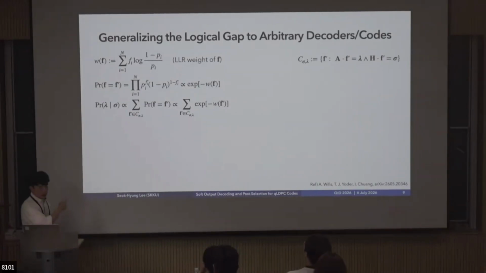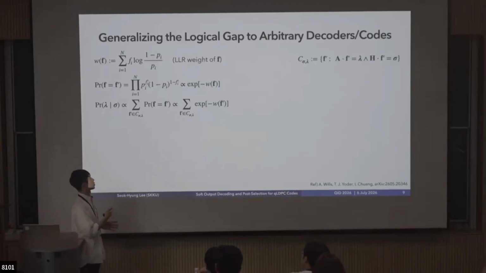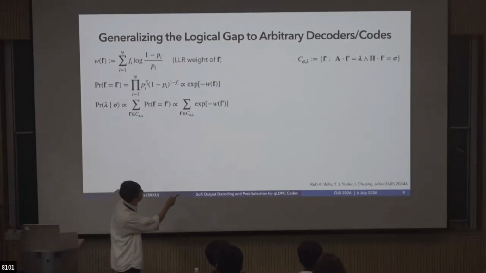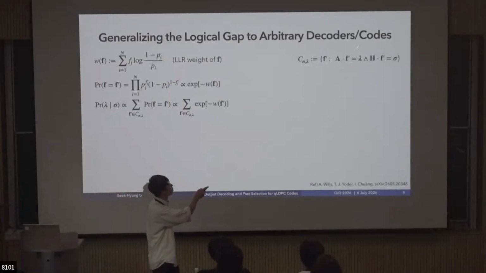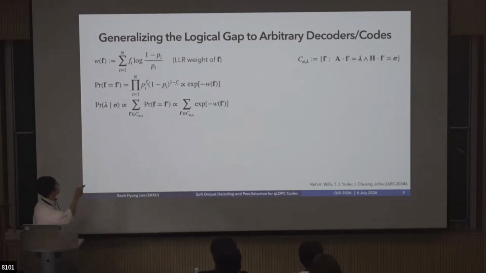And the coset priority, the logical class priority, can be calculated by summing over all the error configurations inside the logical class. So we just sum over all the elements in this set, where, to remind you, this set is the set of fault vectors satisfying the syndrome constraint and the logical constraint. Since this is proportional to that, we get this formula, just summing over the exponential of minus weight.